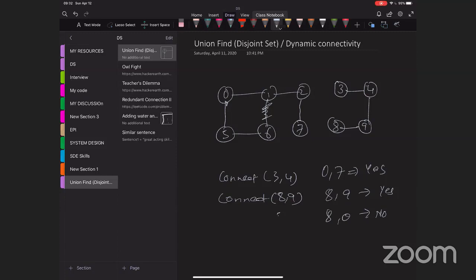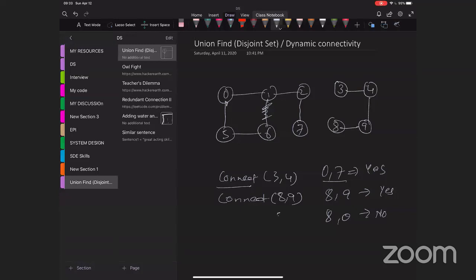Okay. So in dynamic connectivity or union find, we can do two operations: connect, and answer whether two nodes are connected or not. This is the only operation this data structure can help you do. And if we modify it a little bit, it can probably give you how many connected components I have in my system.